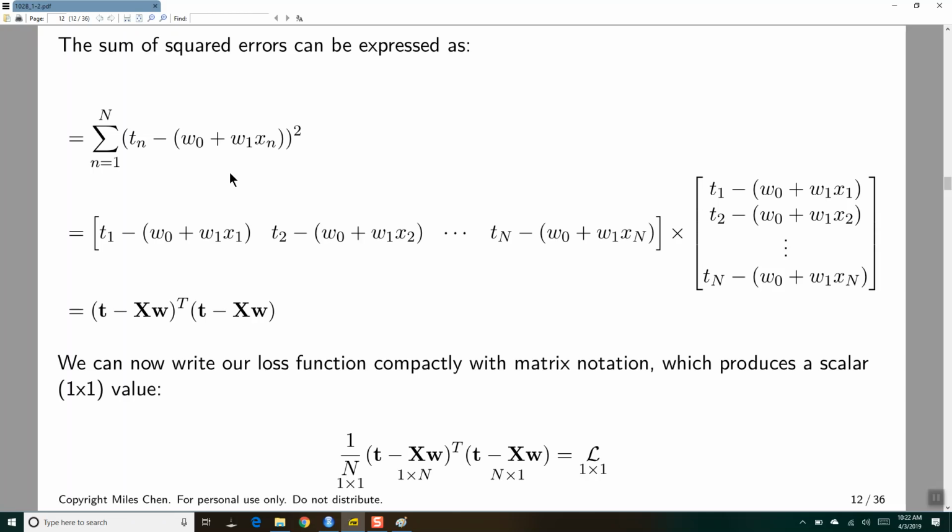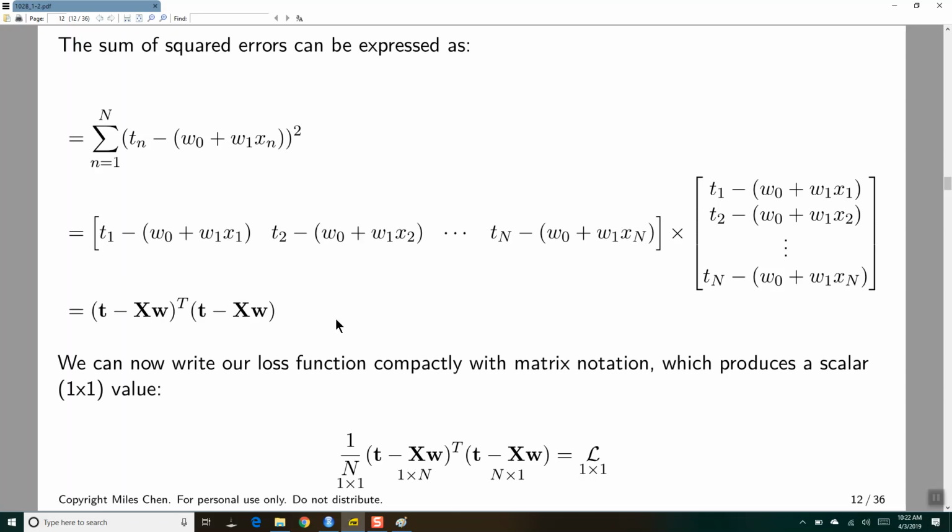Which is exactly what we had when we did it the old-fashioned way without matrices. Okay, so this term here, t sub n minus (w0 plus w1 xn), quantity squared, can be represented by (t minus xw) transpose times (t minus xw).